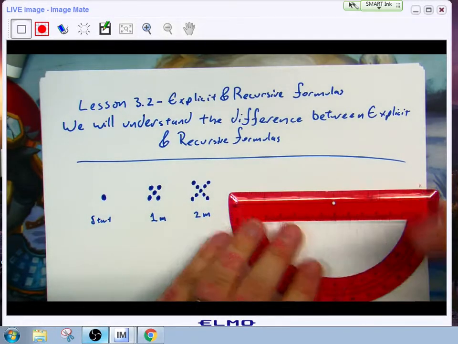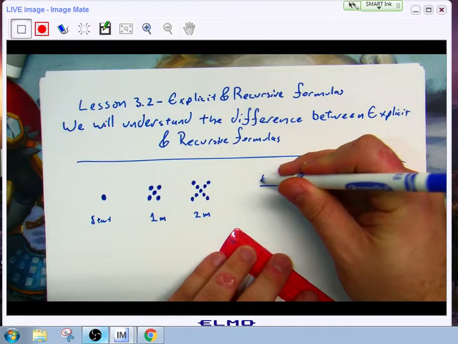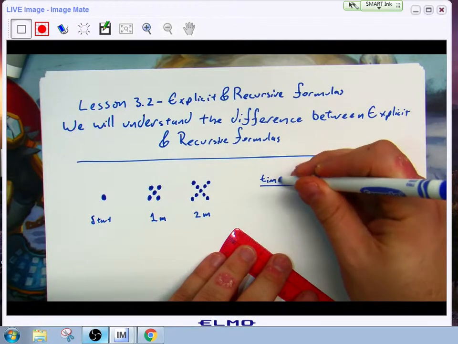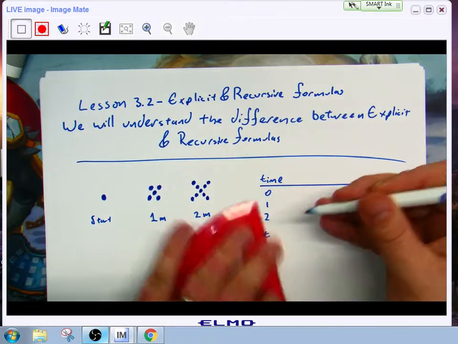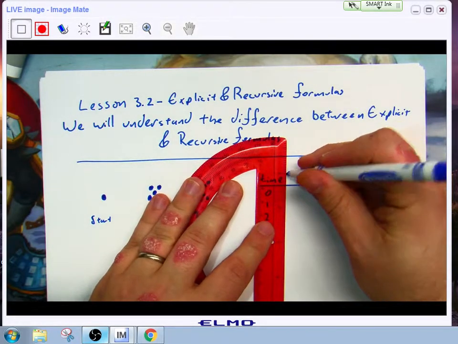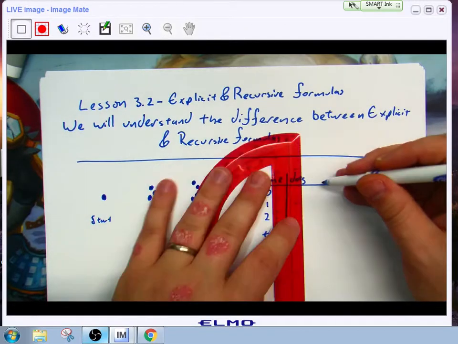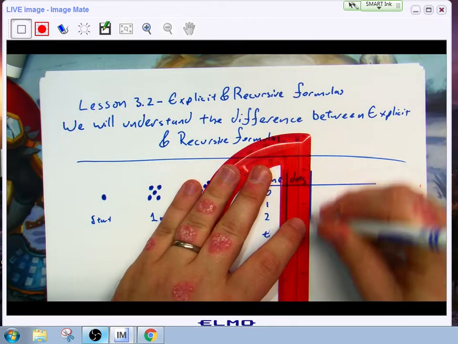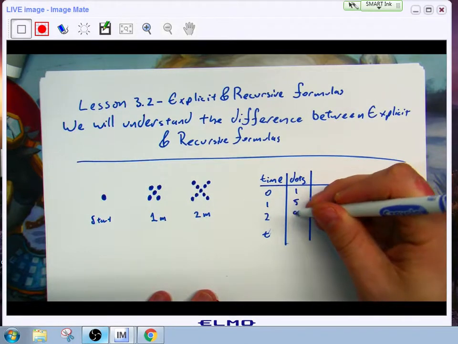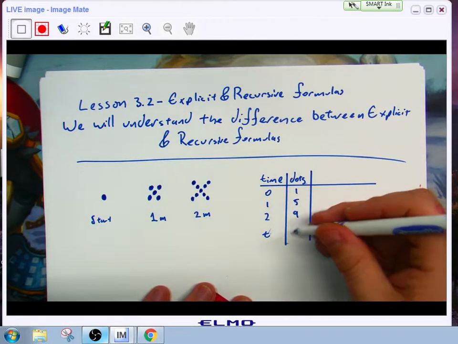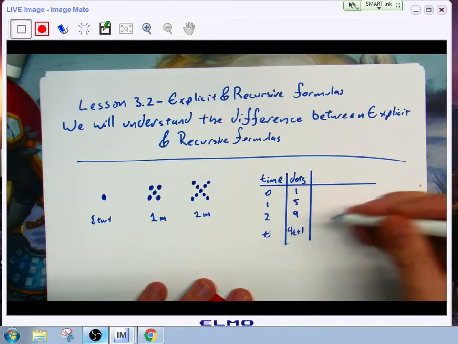And then we also built a chart for it. We had time where we had 0, 1, 2, and then we had the generic t. We had the number of dots, which was what? 1, 5, 9, and then this became our formula, 4t plus 1.